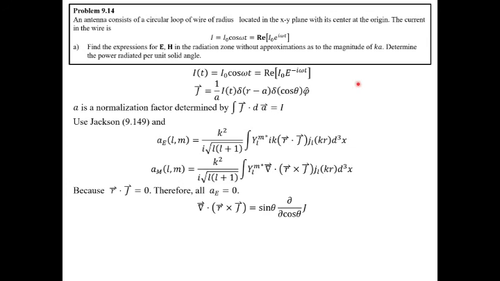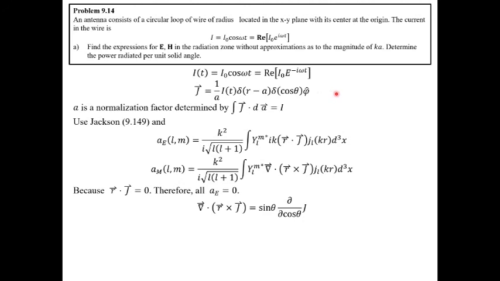Okay, since we have the current I and its distribution, we can write down the current density as a function of position: 1 over a times I of t, delta of r minus a, delta of cosine theta, phi hat.